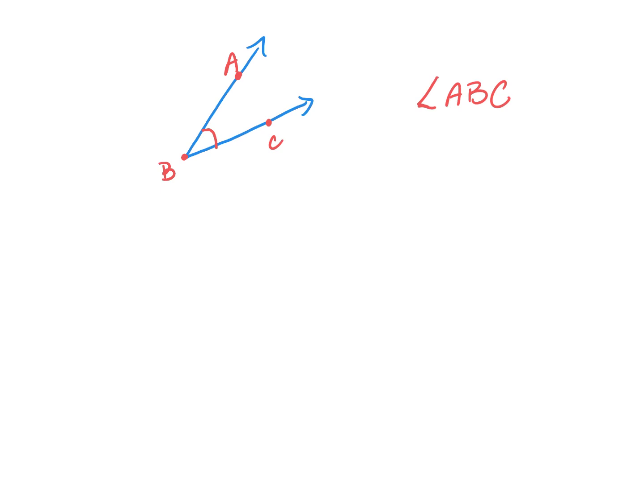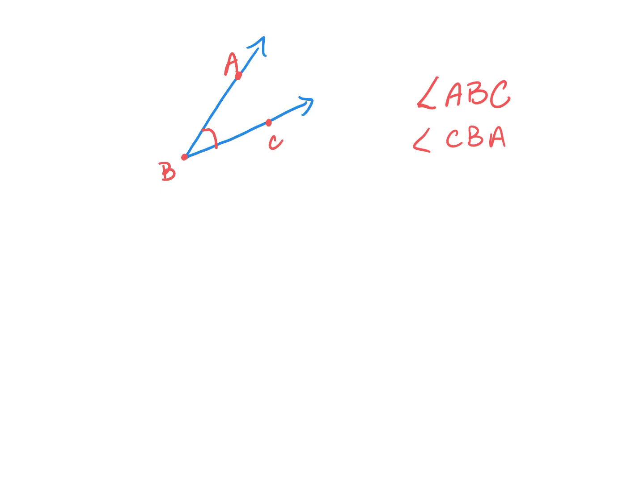Now, it doesn't matter where the A and the C go in this angle, but it does matter where the B goes. The B has to be the elbow. Do you understand what I mean when I say the elbow? Like in the middle? Yeah, the point where the angle is has got to be B. So this can also be named CBA, but B has to be in the middle.